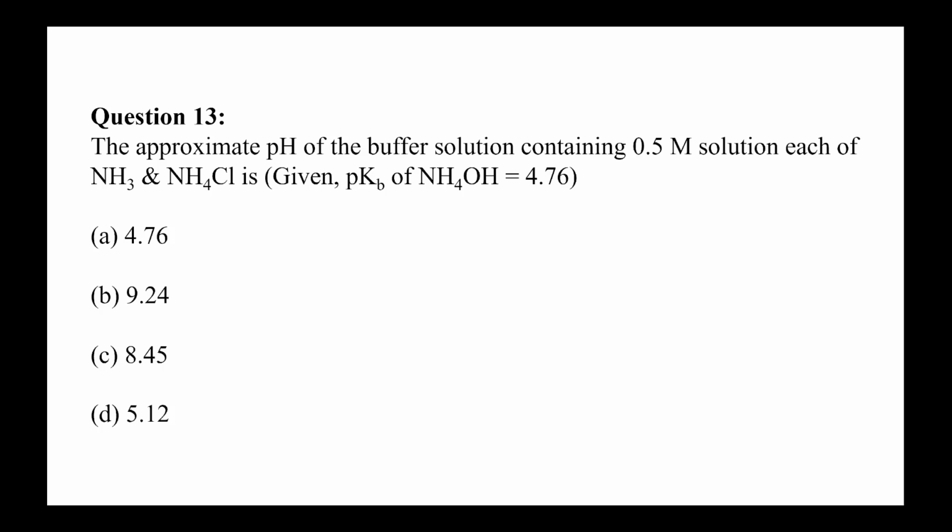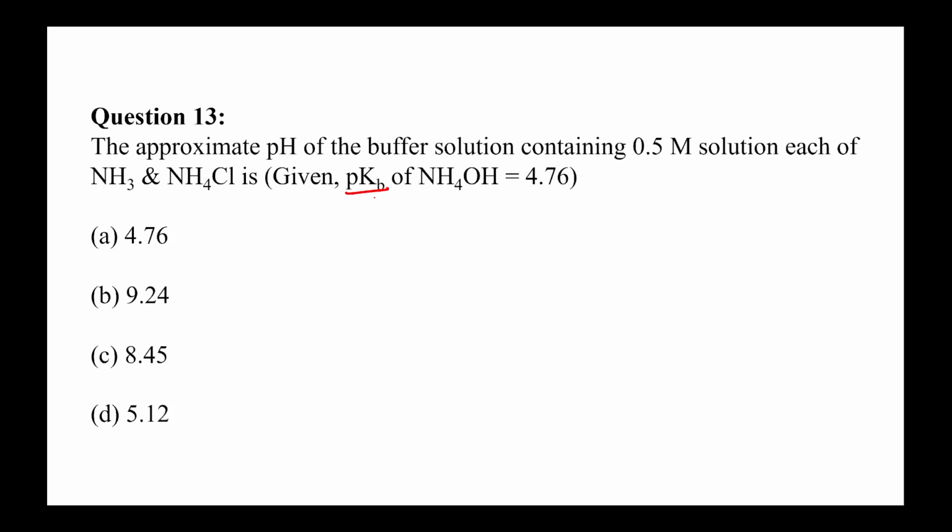Approximate pH of the buffer solution containing 0.5 molar solution each of ammonia and ammonium chloride is. So you have to calculate the pH where the concentration of ammonia and ammonium chloride is given, pKb is given. So this is again a very straightforward question. We have been discussing this question.